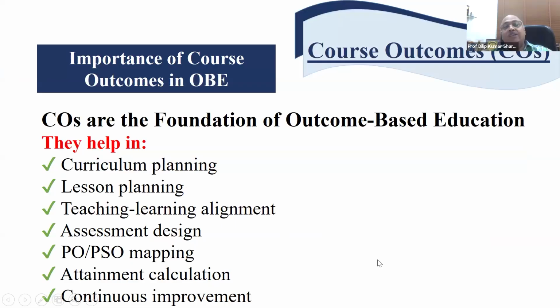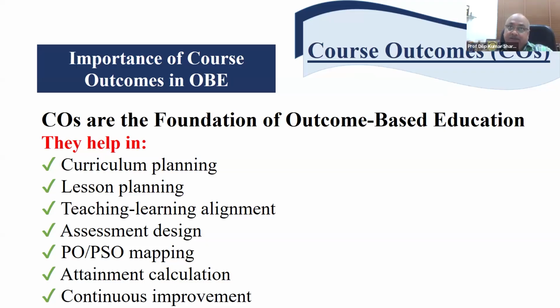So what is the importance of course outcomes in outcome based education? They help in curriculum planning, lesson planning, and teaching learning alignment. Because you must be able to understand: I'm going to teach this course, how and where will it be applied, what is the topic going to do.